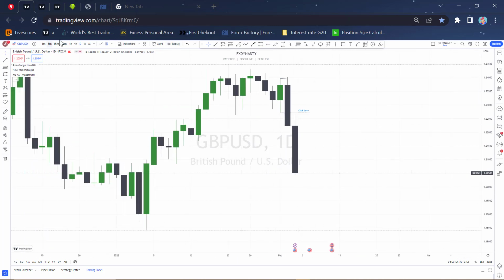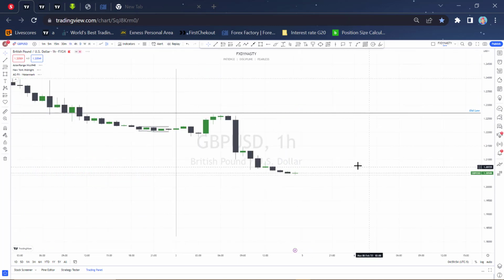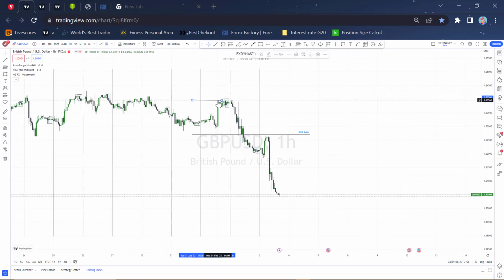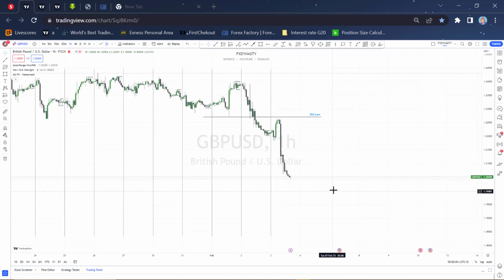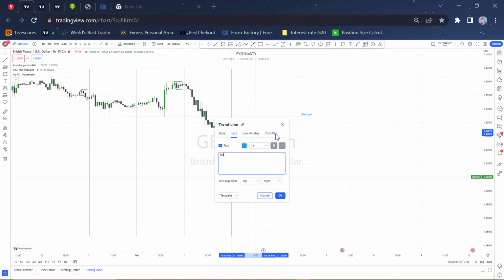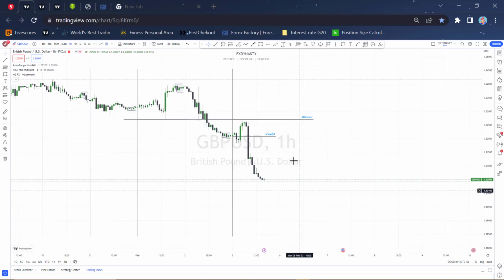But let's go down to the 1 hour time frame. This is the old low that I was talking about. I wanted price to come into it, then trade lower. Let me mark this out. This is our New York midnight open price.